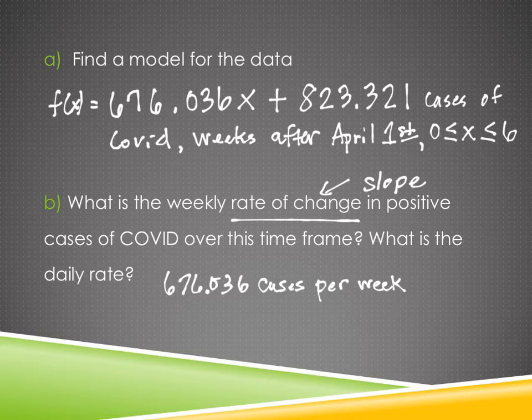So if we were to take the 676.036 and divide by 7, what would we get? I have this written down. Our answer will be 3 decimal places.